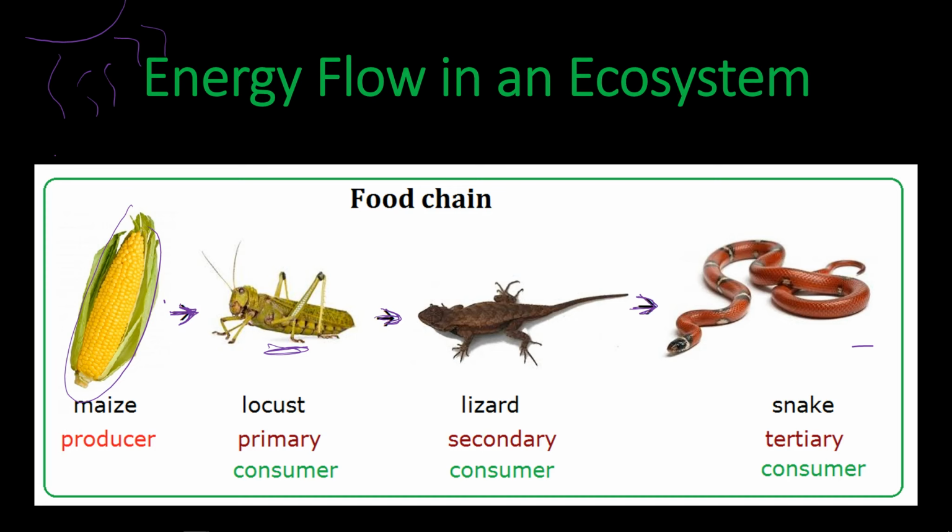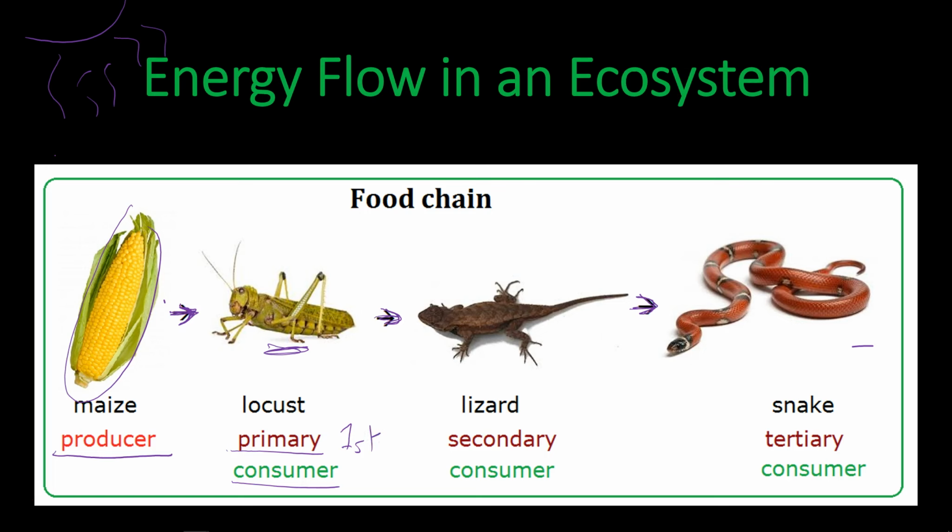The very first level we see on a food model is always called a producer. The organism that eats the producer is always called a primary consumer. Primary means first. So this is the first consumer, okay?